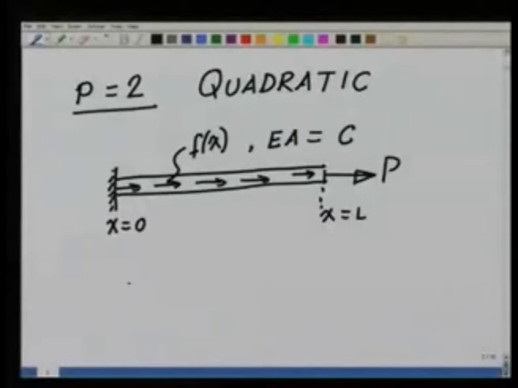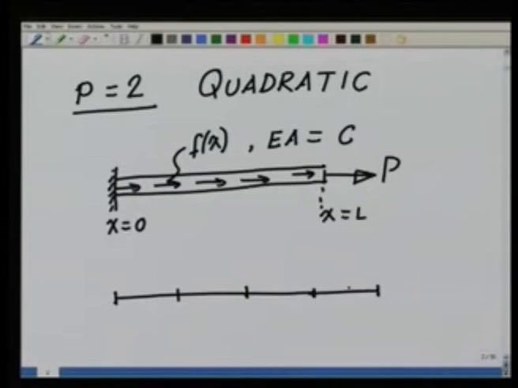So how are we going to do this? What we need to do now is to first break the domain into elements, as we have been doing till now. Maybe I will take 4 elements here. These partitions that I have drawn using these vertical lines are our elements. So this is element 1, element 2, element 3, and element 4.